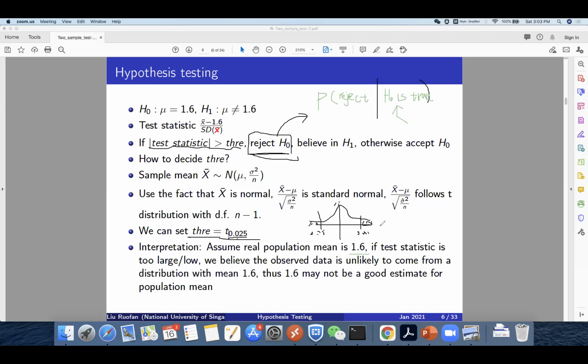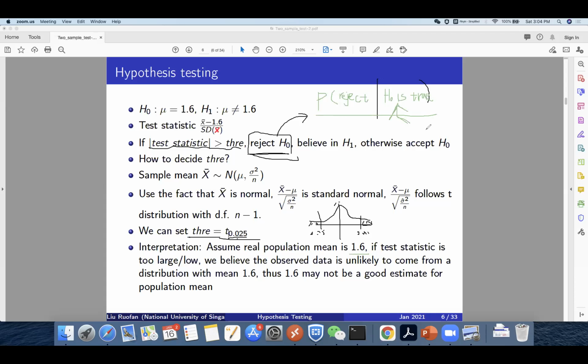Yeah, so I assume the probability is 0.05. Am I correct? Yeah, correct. But why do you have the condition that H0 is true? Because this probability is just when we wrongly reject H0. So I just want to make it clear that there's a condition here.